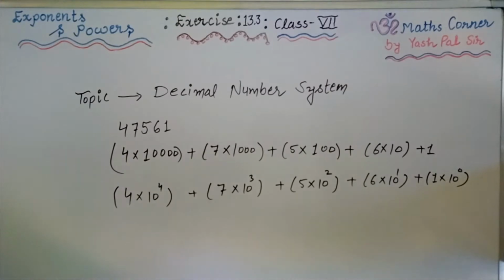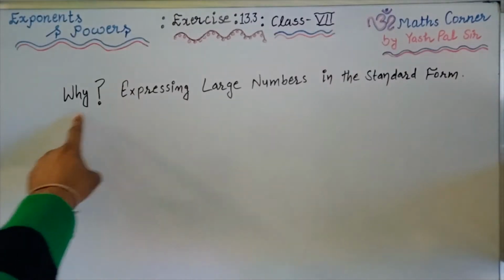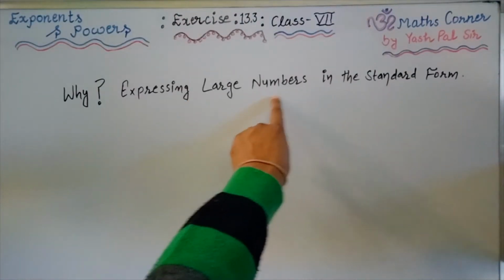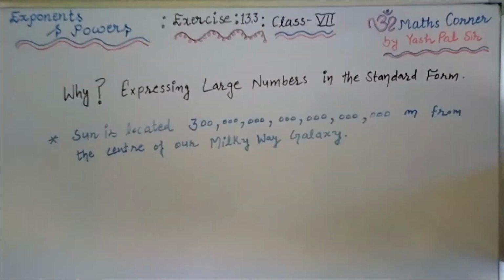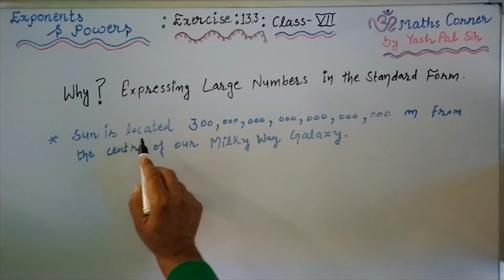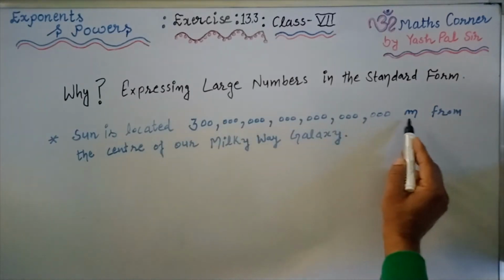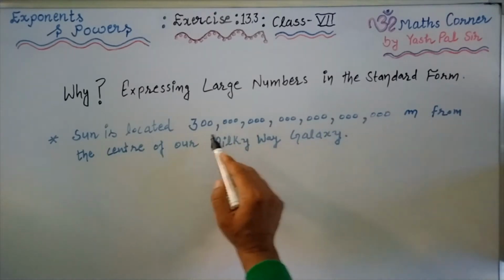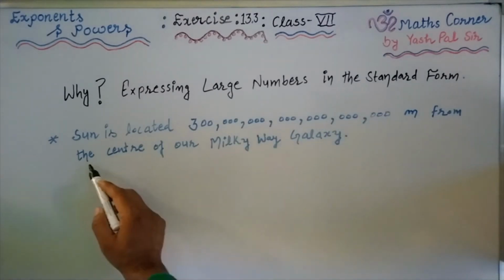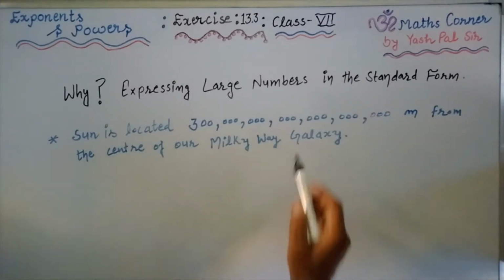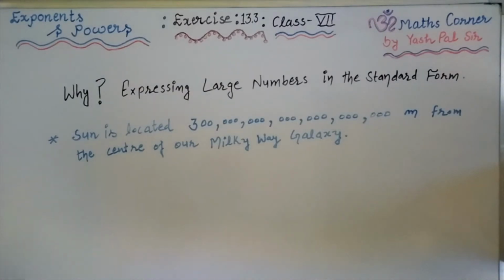Now we shall see what is the need of expressing large numbers in standard form. Why express large numbers in the standard form? One very interesting example is that the sun is located 3, with how many zeros, meters from the center of our Milky Way galaxy.